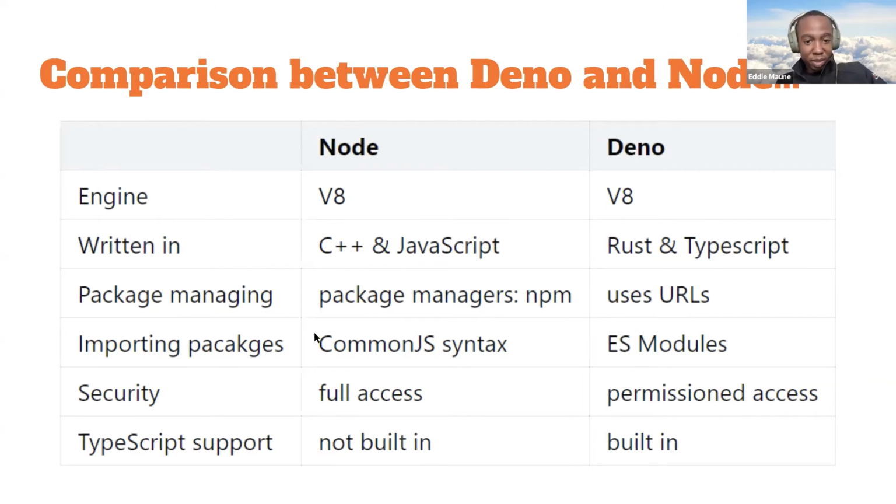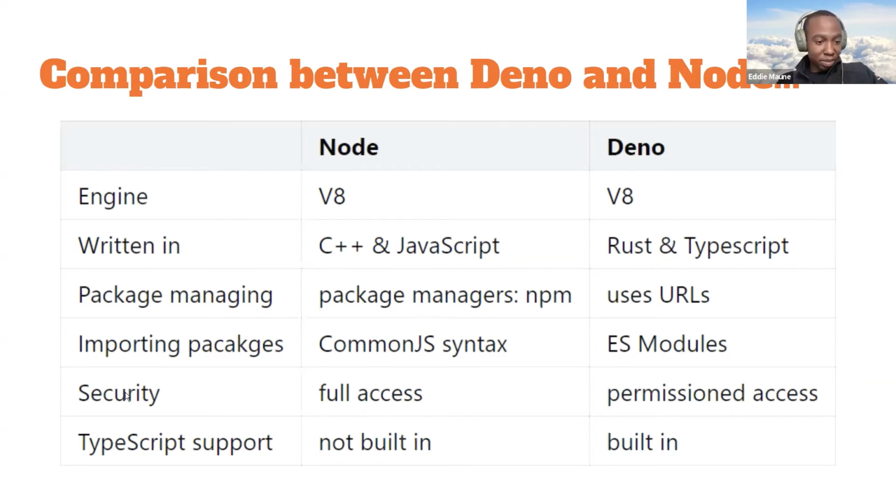With importing, Node uses CommonJS, which is just the require function, but Deno uses more modern JavaScript, so it uses import from whatever place.